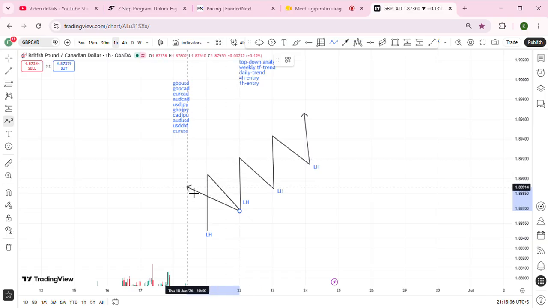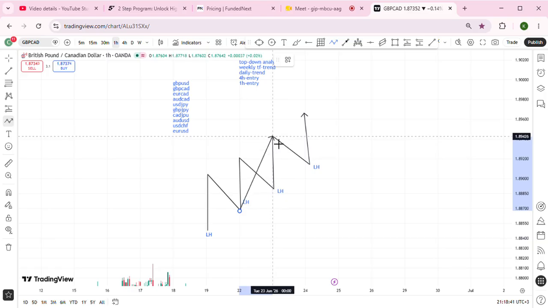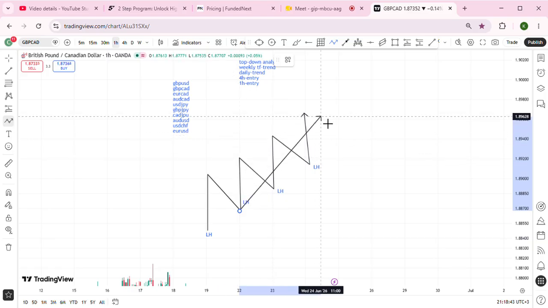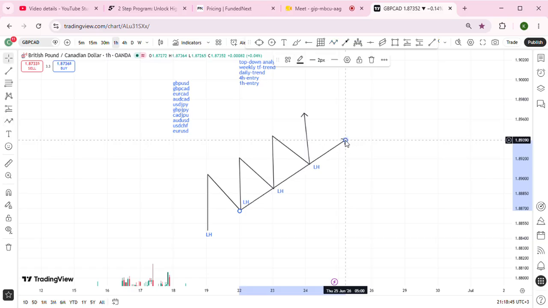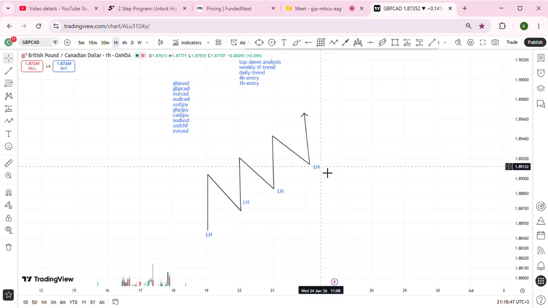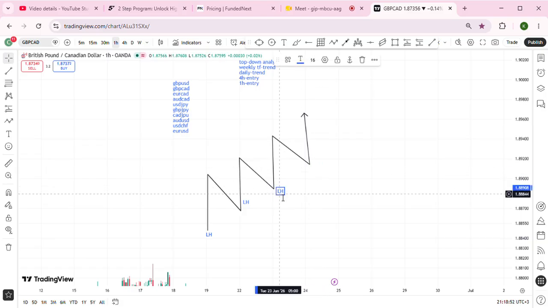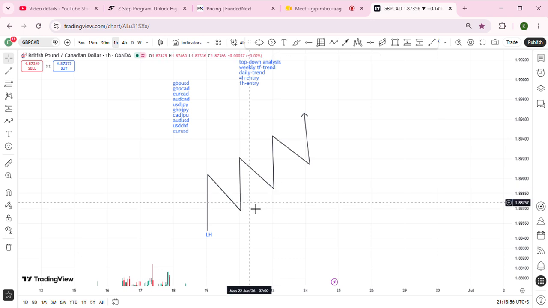This high is at a high point compared to the previous one. Same to this, it is higher compared to this. Remember, we are going up, that's why we are having higher. So let me change this. It should be HL, not LH. LH is for when we are in a downtrend.